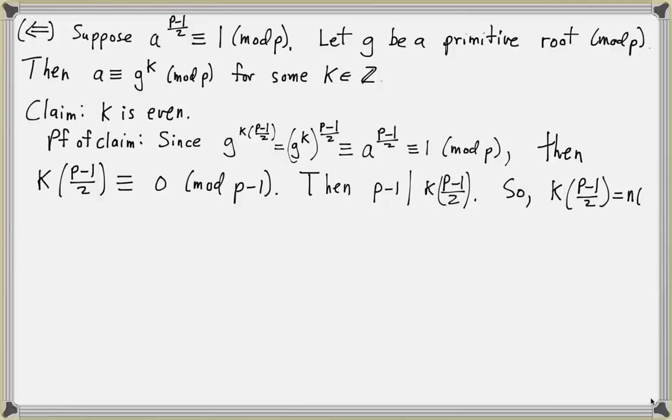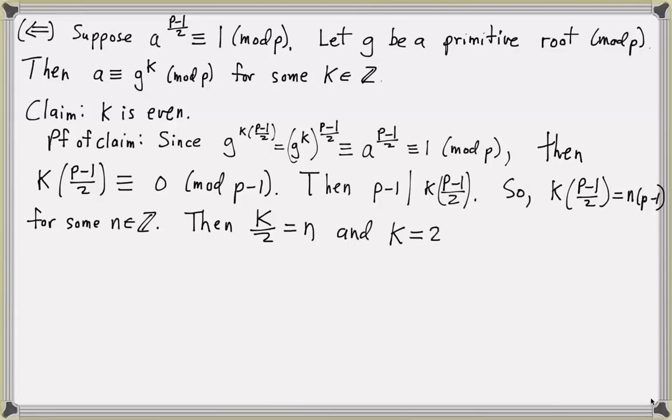It's called n times p minus 1, some integer n. Then if I divide both sides of this equation by p minus 1, we see that k over 2 is equal to the integer n, and I can write k as 2 times the integer n. But by definition, k is even.